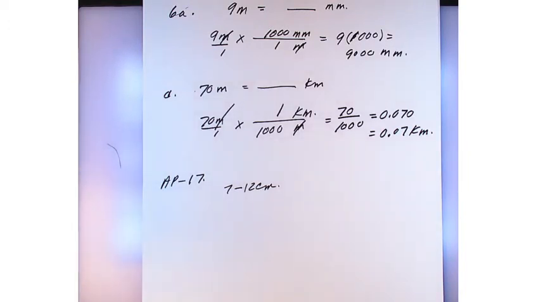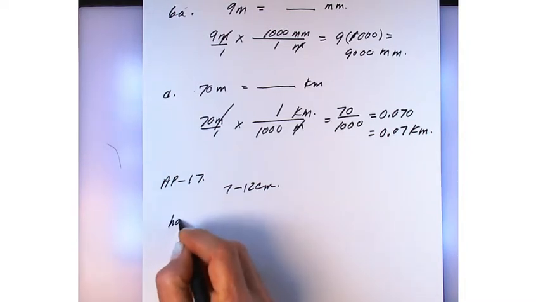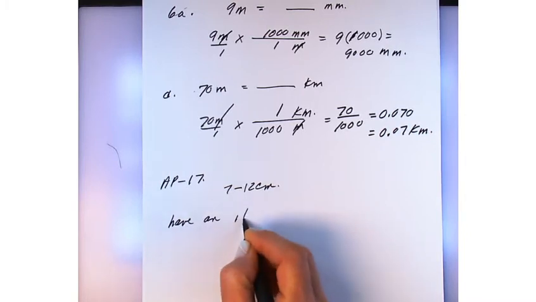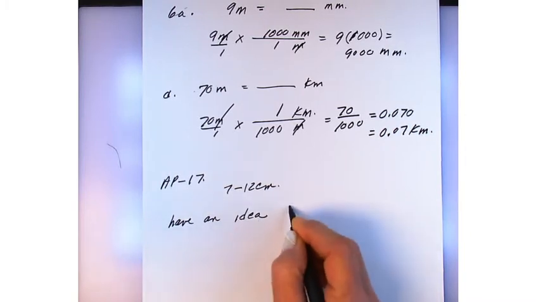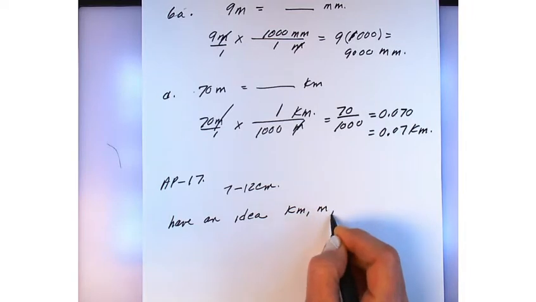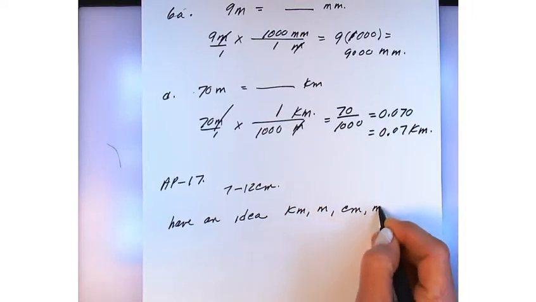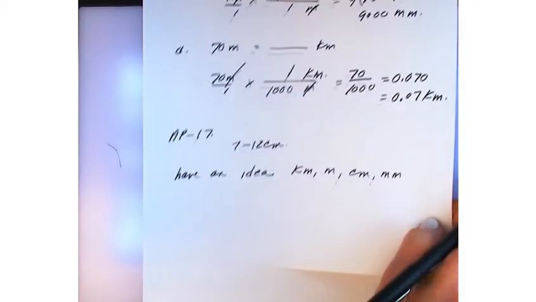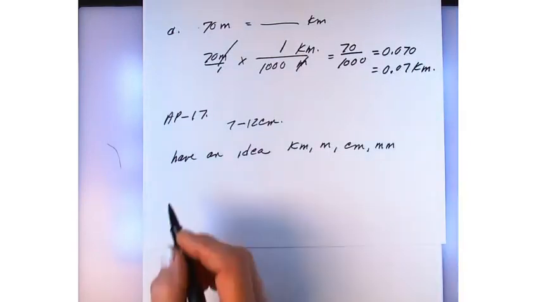Looking at above number 16, the question said to have an idea. So these are actually a little bit more important than we think. Kilometer, meter, centimeter, millimeter: have an idea of what unit of measure.